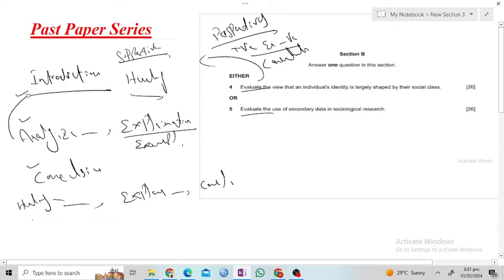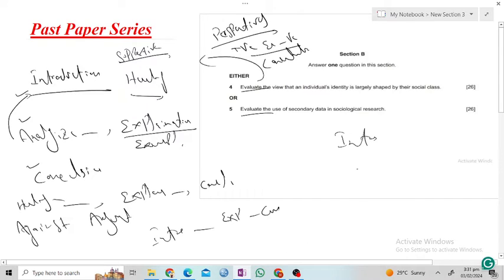Suppose you have two headings, and then you give the against arguments, or opposite arguments. Again, the structure remains the same: introduction, then examples, and then conclude. If I combine the overall structure of the question, you give introduction, then analysis, and then conclusion.